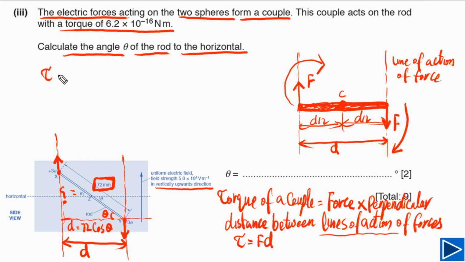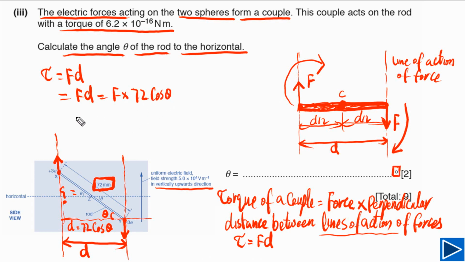Now we can write down tau is equal to force times d, but d in this case is equal to 72 cosine of theta. So this is force times 72 cosine of theta.